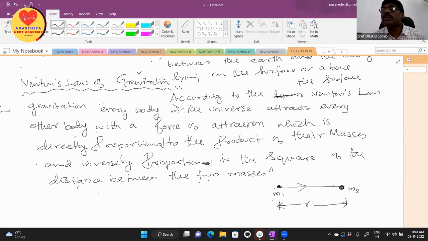Consider body M2. It will be attracted towards M1. The body 1 is attracted by body 2, and body 2 is attracted by body 1. It's an attractive force, not a repulsive force.